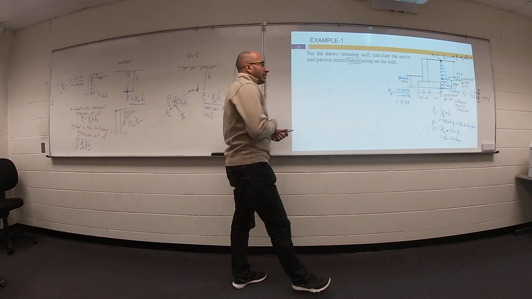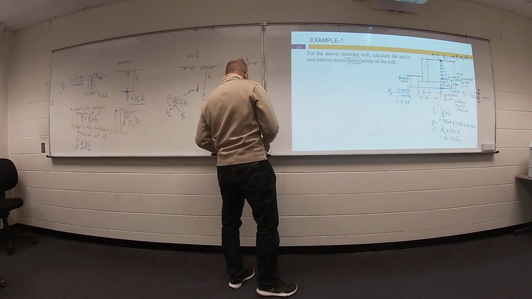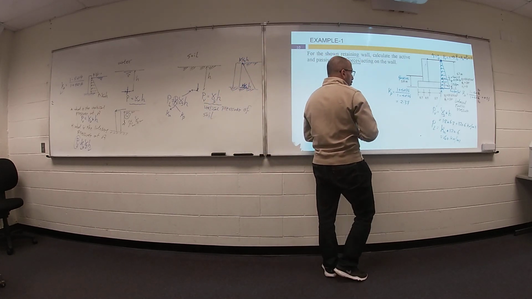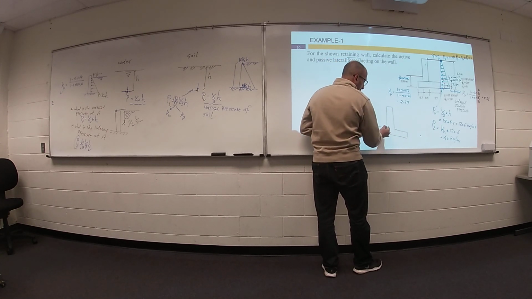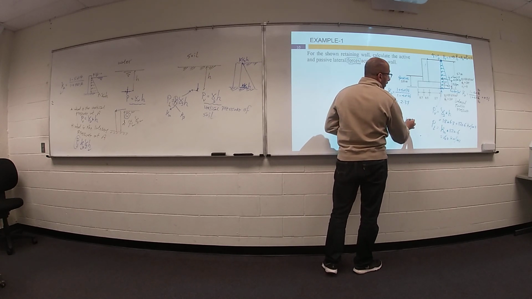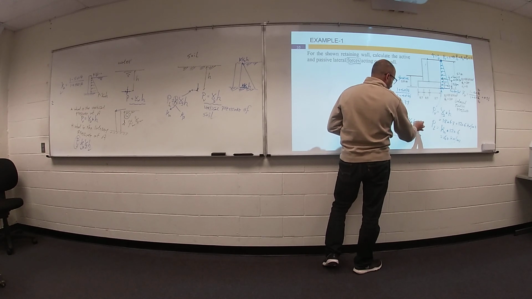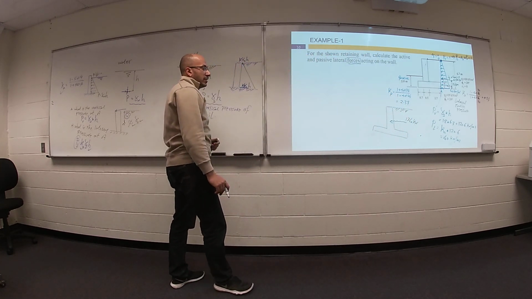Let's talk about the passive pressure. So, to summarize this calculation, your retaining wall has a lateral force equal to 134 kilonewton, the lateral effect of this soil on this side.